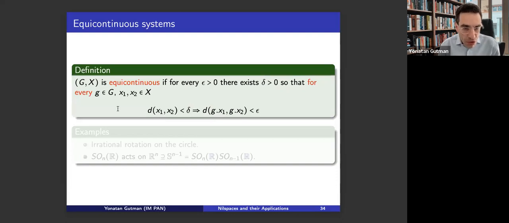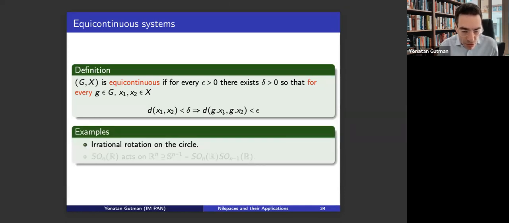So we say that the topological dynamical system is equicontinuous if for every epsilon there exists a delta such that, and this is the key point, for every g, we have that if the distance between x1 and x2 is smaller than delta, this implies that the distance between gx1 and gx2 is smaller than epsilon for all g. And then you can wonder what are equicontinuous systems.